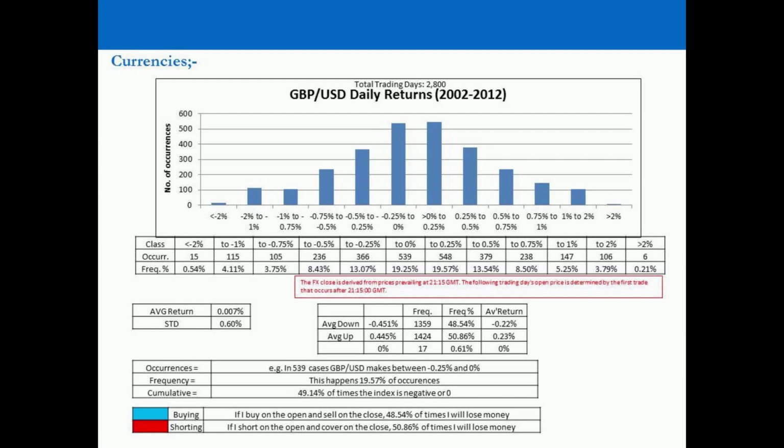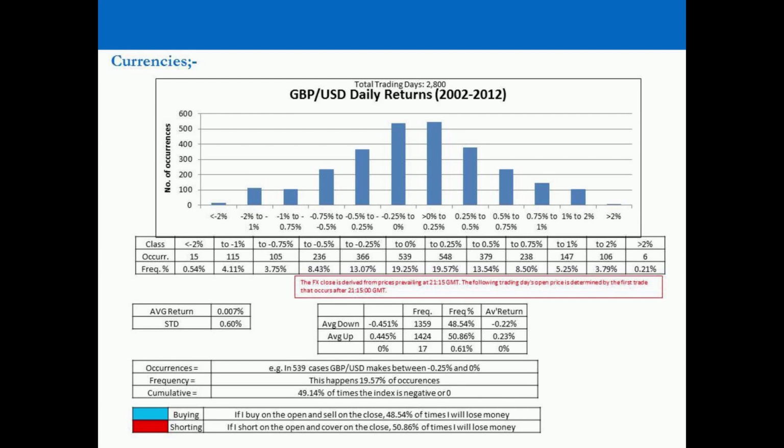But you add the numbers up and you're back again to about half the time between minus 0.25% and 0.25%. So 2,800 trading days, and you end up with over 1,000, 1,100 being within those parameters.